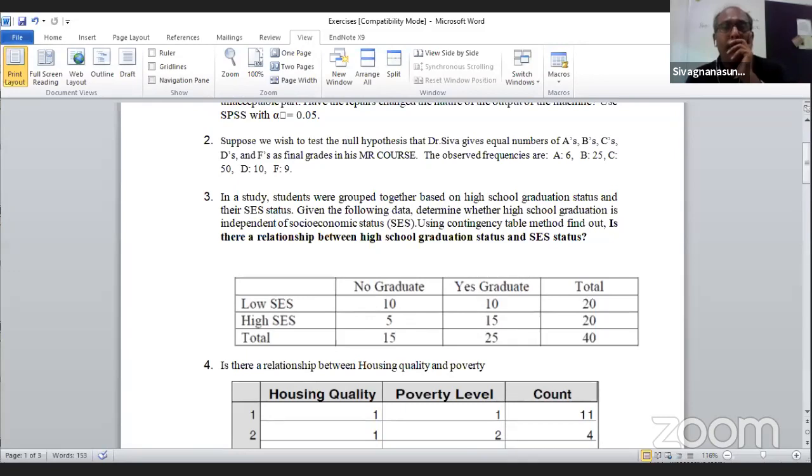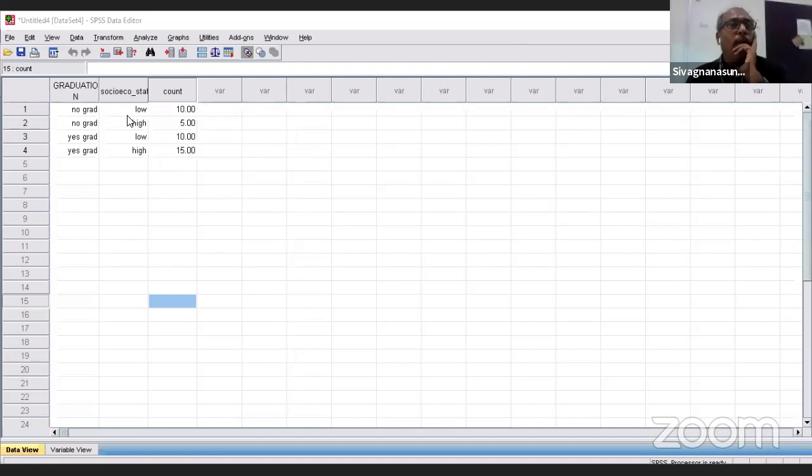Similarly, you have to check whether it is coming the same in SPSS while entering the data itself. Otherwise, if you enter the data wrongly, it will go for a toss. Right, so no and low 10, no and high 5, yes and low 10, and yes and high 15.